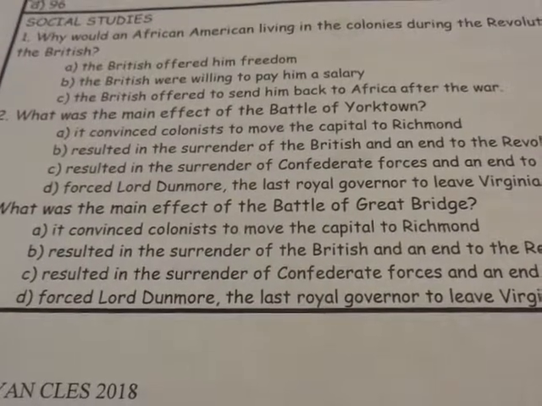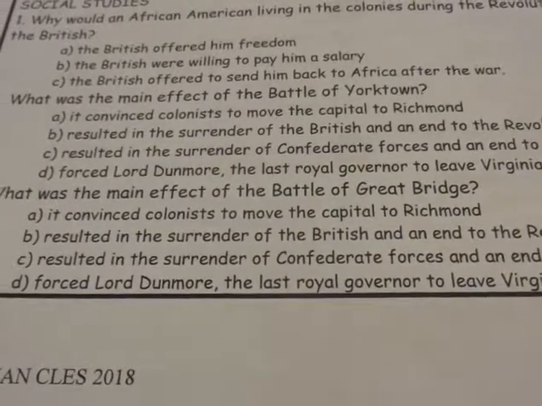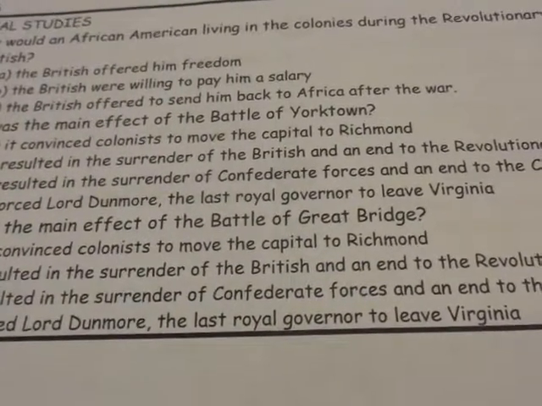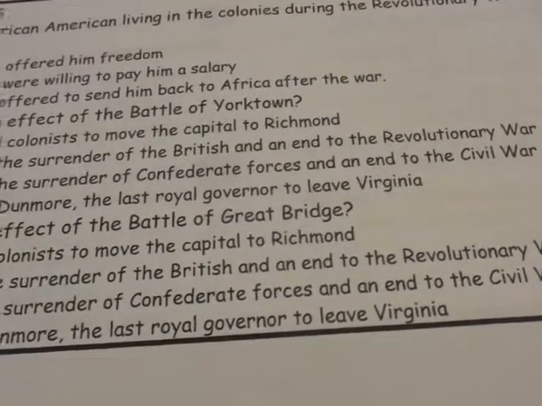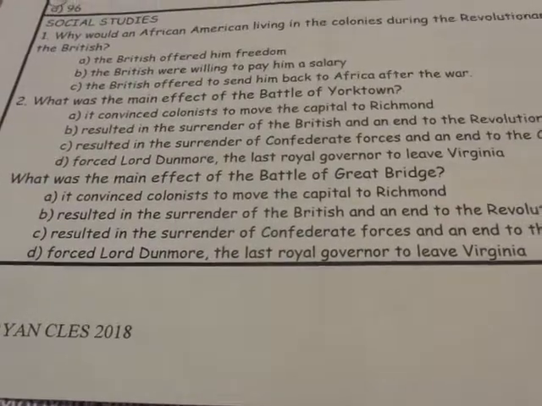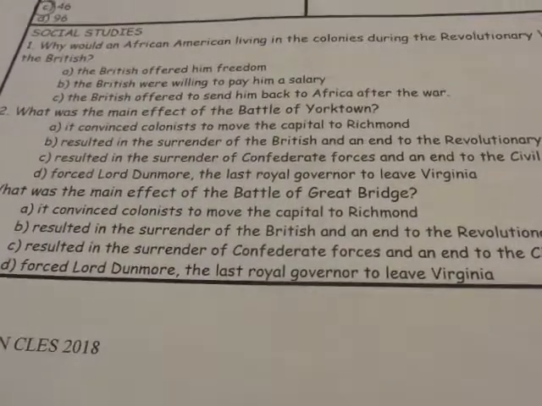B, it resulted in the surrender of the British and an end to the Revolutionary War. C, it resulted in the surrender of Confederate forces and an end to the Civil War? Or D, it forced Lord Dunmore, the last royal governor, to leave Virginia? Make sure you're showing your work.